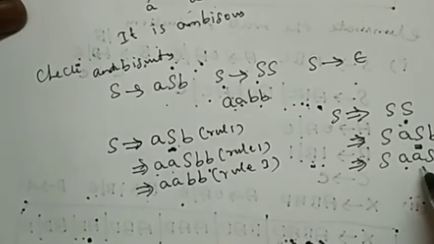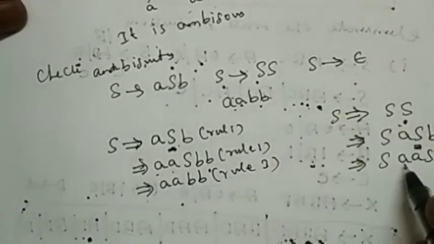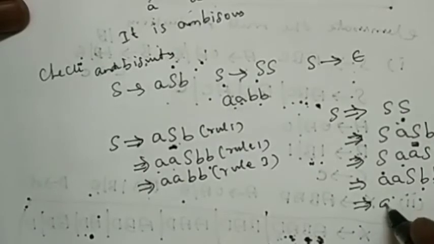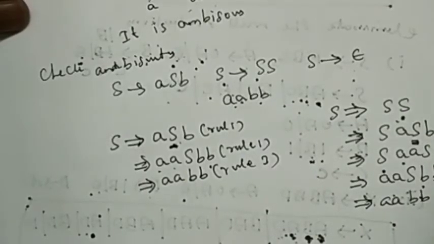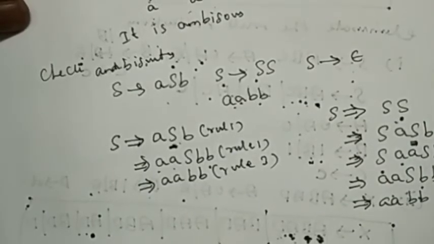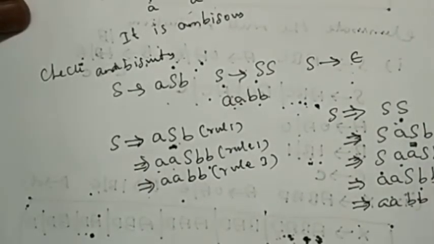Now the required string AABB has been derived, but there are 2 S's over here. Somehow you have to get rid of those. So if you replace S by epsilon by rule number 3, then it obviously gets eliminated. When you replace the first S by epsilon, and then the second S by epsilon, it automatically gives AABB. So this also uses rule number 3.